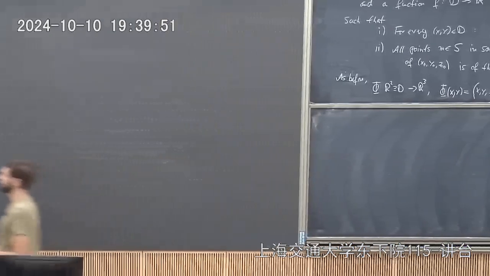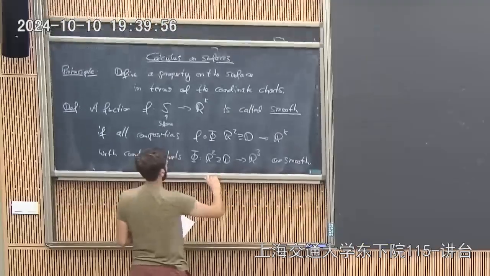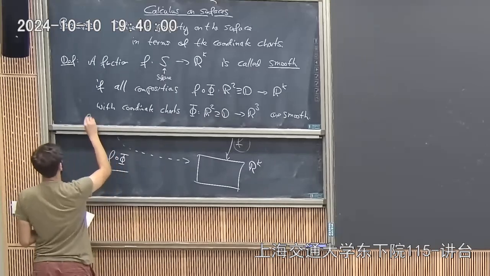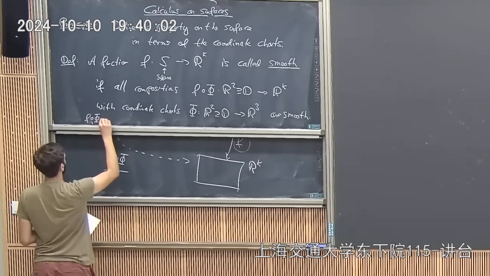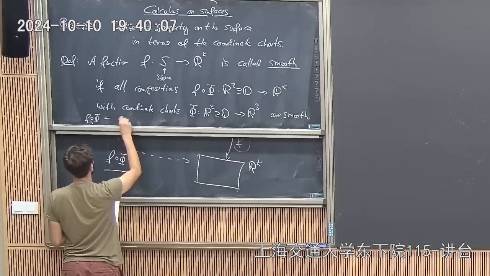These compositions have a name. Write it down. They are called the component coordinate expression.